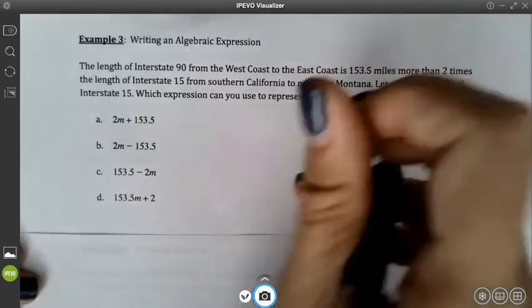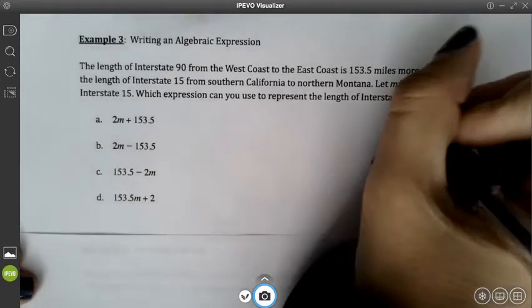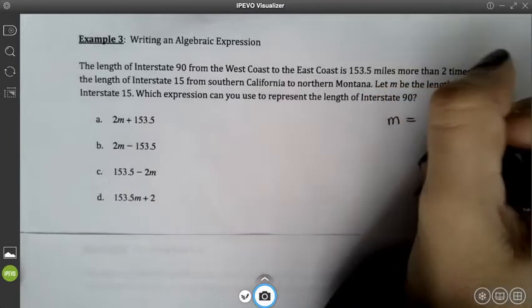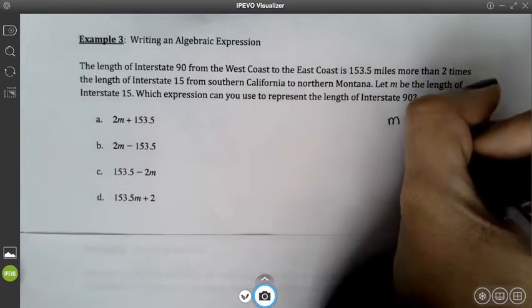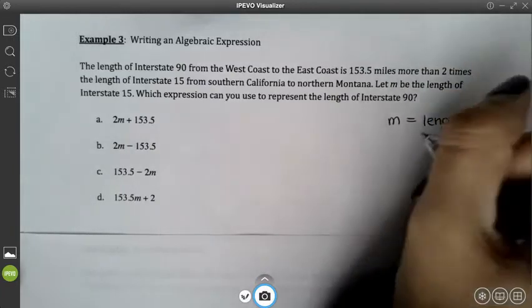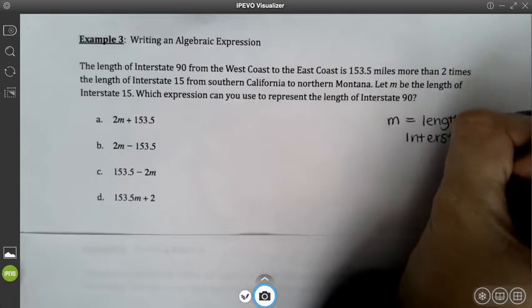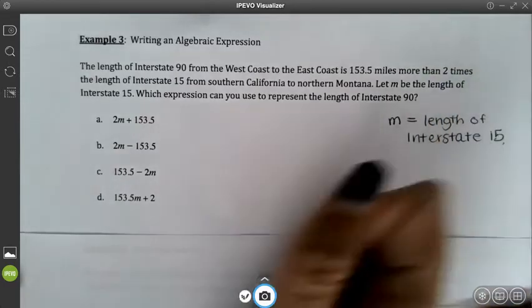So if you don't have a variable in a word problem like this where you have to create an expression, you want to write on the side what your variable is and what it's representing. So M is the length of Interstate 15.